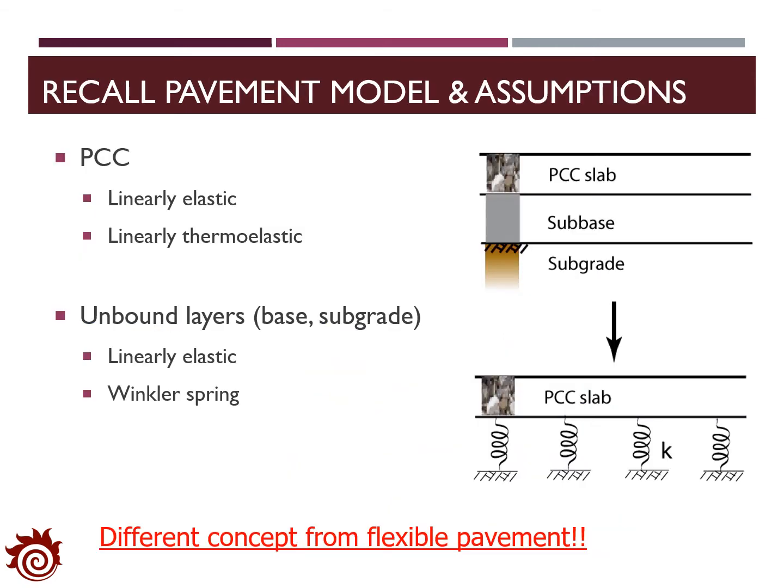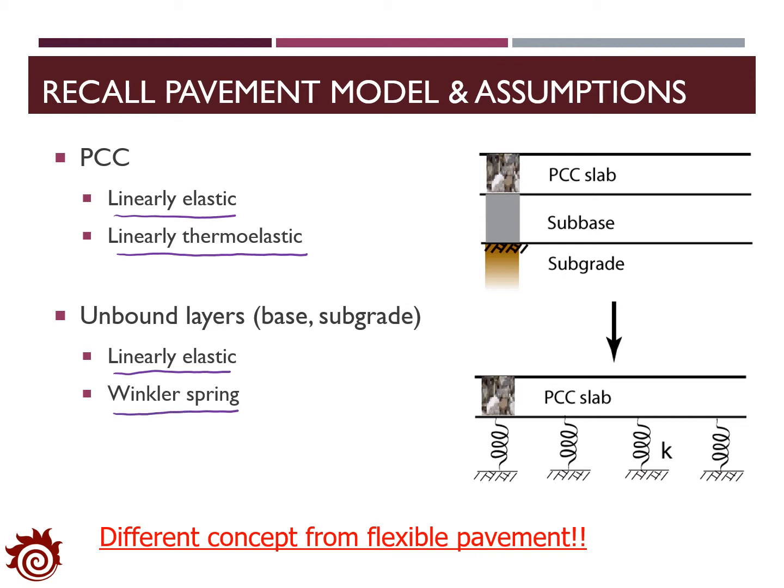For the analysis of the rigid pavement, we have to recall the stress analysis of the rigid pavements in the previous lectures. In that analysis, we assume that the PCC slabs are linearly elastic and linearly thermoelastic. Also, for the unbound layers, including the base and the subgrade layers, we assume that they are linearly elastic and they act as Winkler spring.